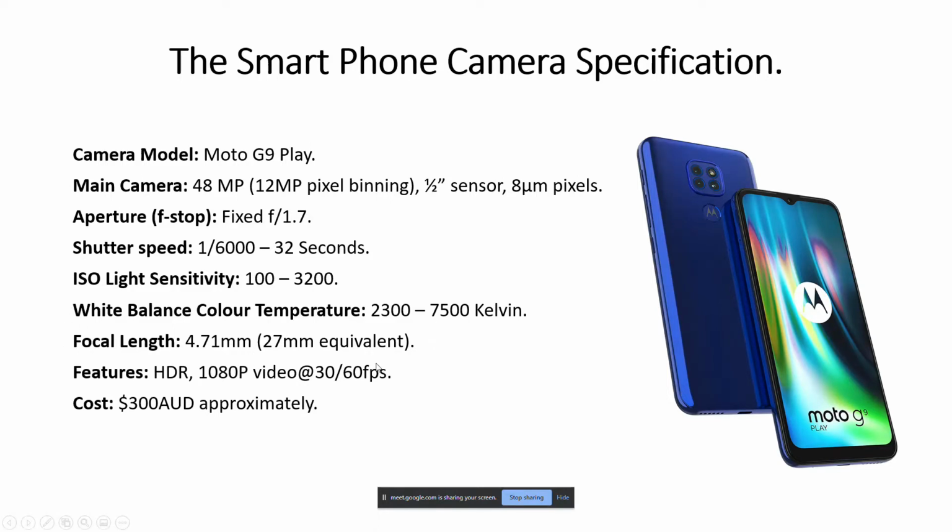But again, I'm not sure it's something you can compare with a DSLR because they're basically a different product. So yeah, HDR features. It can shoot video in 1080p, or basically about 2.1 megapixel, at 30 or 60 frames per second. And this phone that I have is $300, so it's quite affordable to anyone.